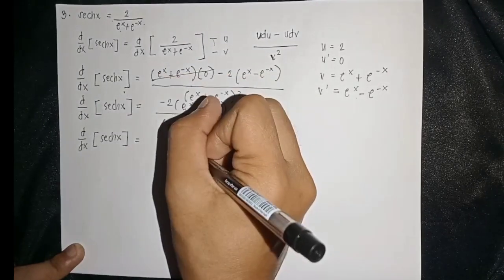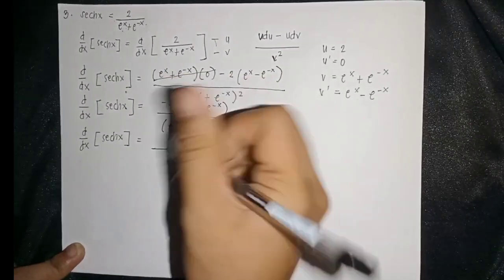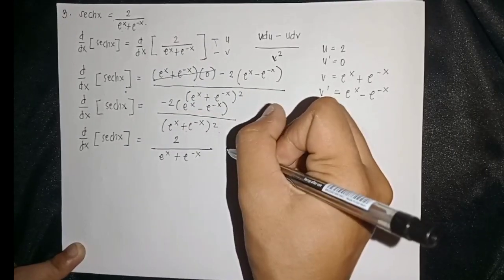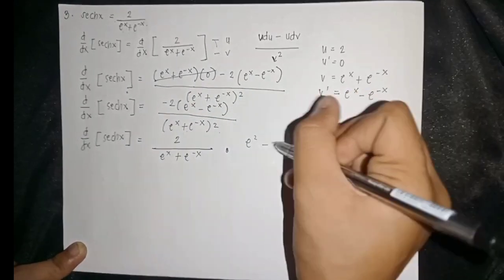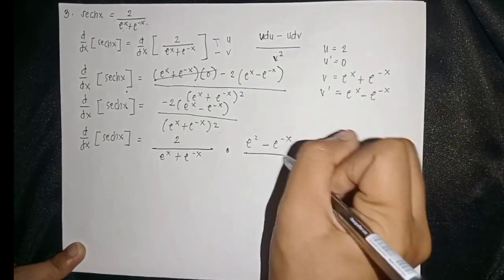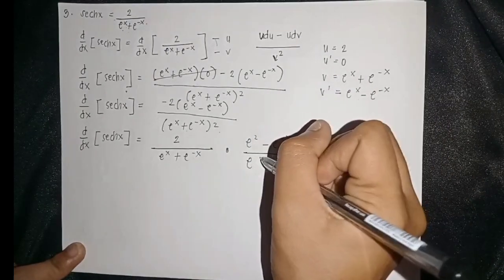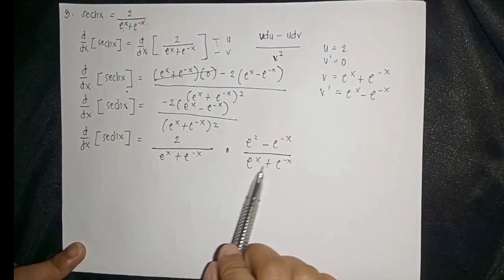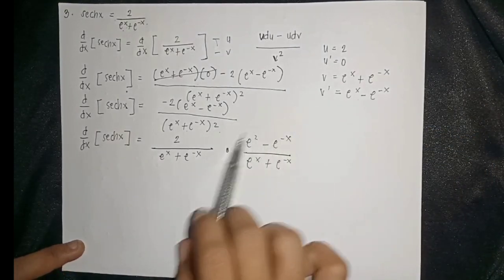We notice that we can split this into two functions, which is 2 all over e raised to x plus e raised to negative x, times e raised to x minus e raised to negative x all over e raised to x plus e raised to negative x.